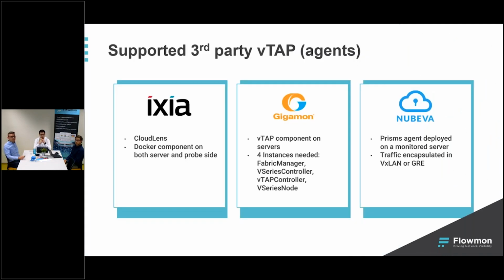Yeah, and let's take a look deeper at the third-party vendors where we support their VTAPs. Ixia has their CloudLens product, which is in fact based on Docker. So you need to put an agent in the Docker on the monitored side, and you need to pair it with the component running in the Docker on the Flowmon side.